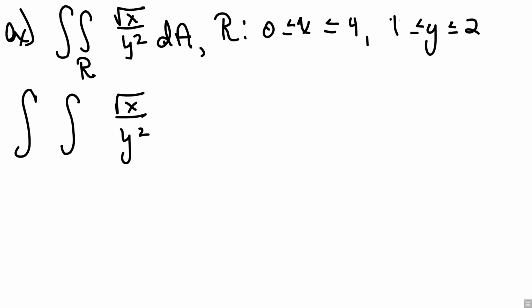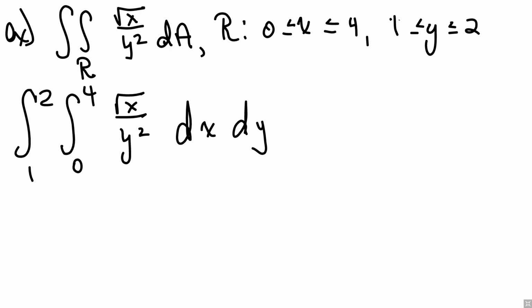Which do we want to go first, x or y? I guess x. Okay, so if we do x, we're going to do dx dy. Since x is first, that means we're integrating from 0 to 4 on the inside integral. On the outside integral will be from 1 to 2.